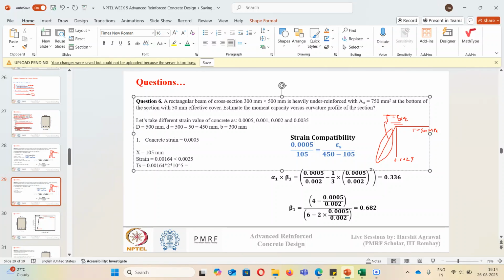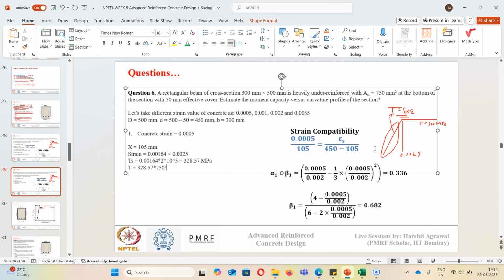This will give me tensile strength of 328.57 MPa, and tensile force will become this tensile strength times the area of reinforcement, that is 750 mm square. I will divide by 1000 to convert newton into kilonewton. So I will get 256.43 kilonewton.